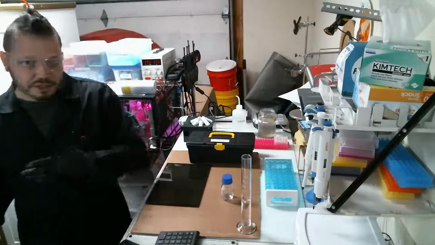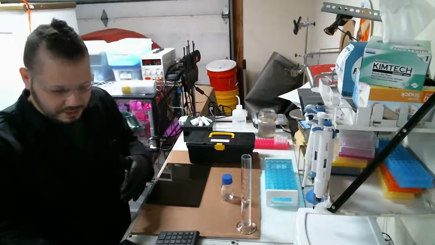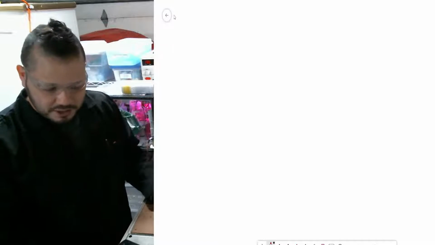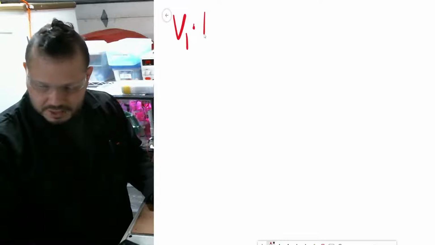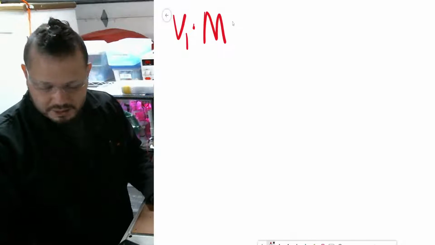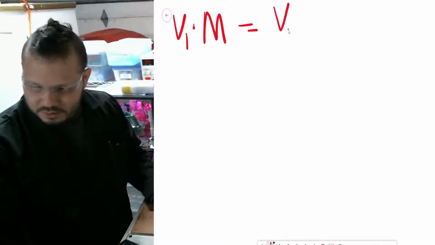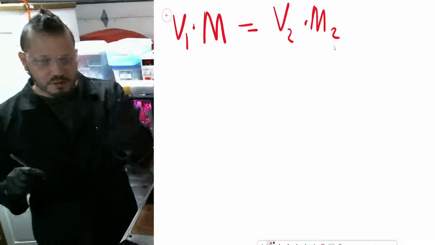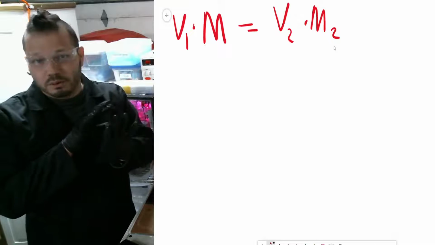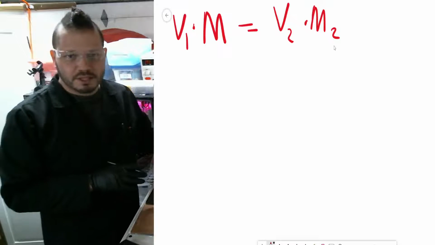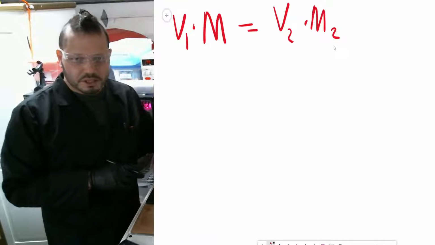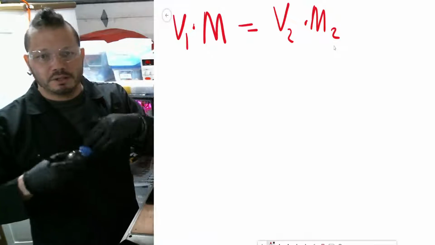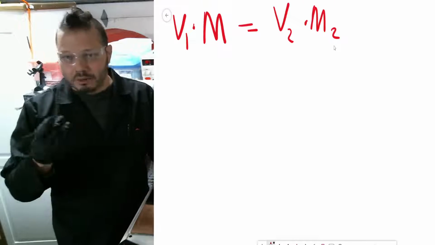I'm going to show you how to calculate it right here while I do it. There's a formula that you use, and it's V1 times M1, where M means molarity, equals V2 times M2. V1 is what we're looking for. It's the volume of the original solution that you need to transfer to a new container to get your proper concentration.